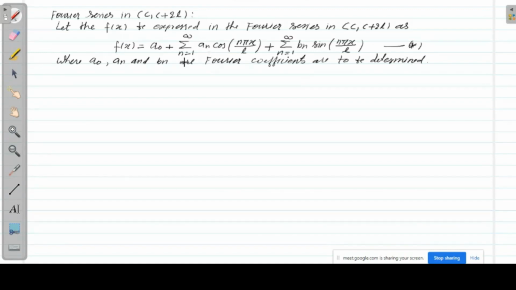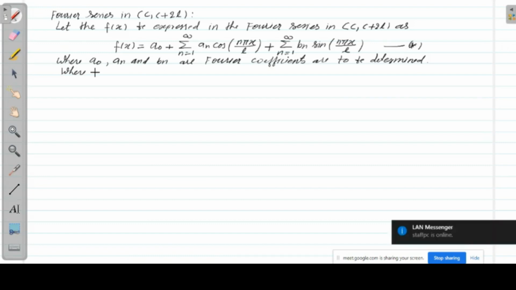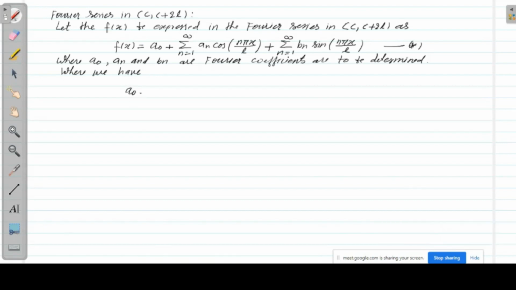And we have the Fourier coefficient formulas. Your a naught is 1 upon 2l integration of limit c to c plus 2l f of x dx. Name this equation number 1.